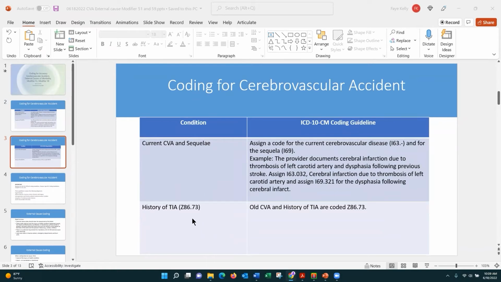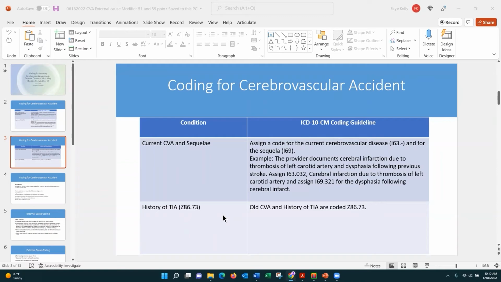I'm going to go a little backwards here because I want to address this, because we just talked about history of CVA. Right here, if you have a history of a TIA, transient ischemic attack, or if that chart has a history of CVA and there are no late effects, no residuals, it's a Z86.73 code.